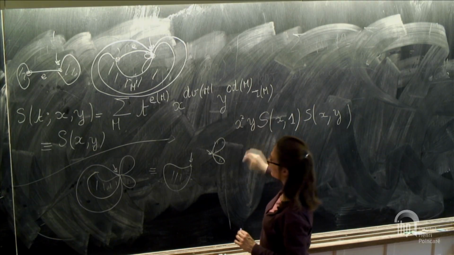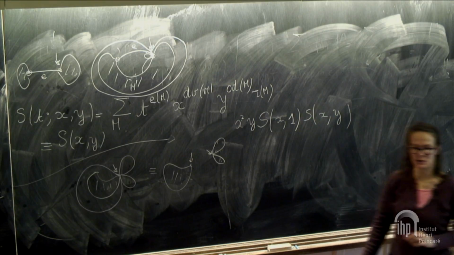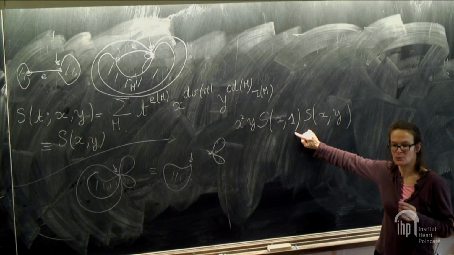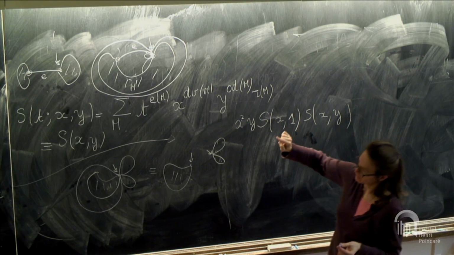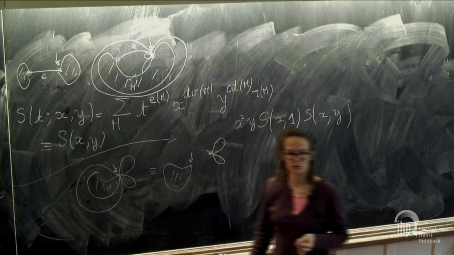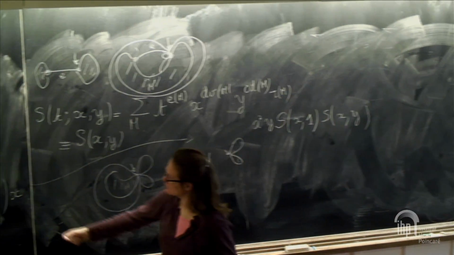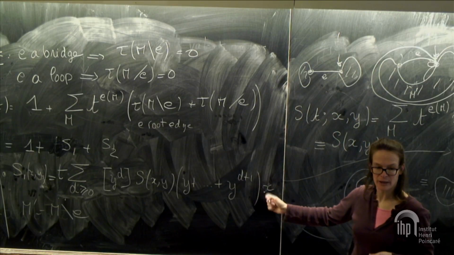And I have a y for this edge, which is in the outer face. So this would be the correct generating function, or the correct part of S1, corresponding to the case where the root edge is a loop. But I had also counted it here wrongly with a factor x.